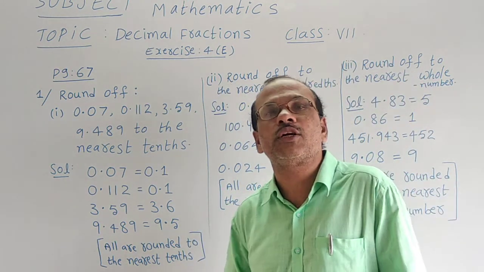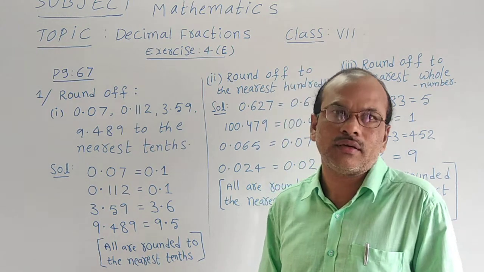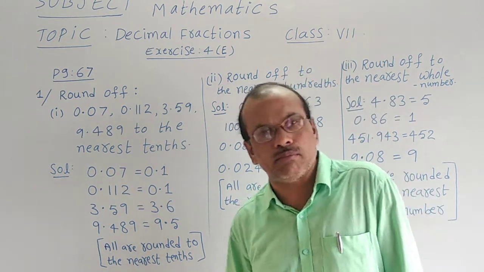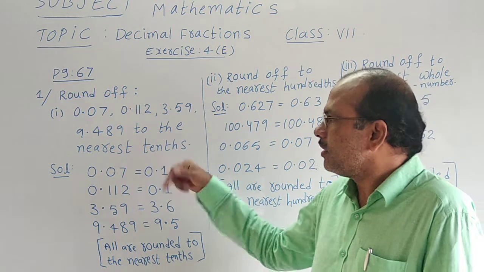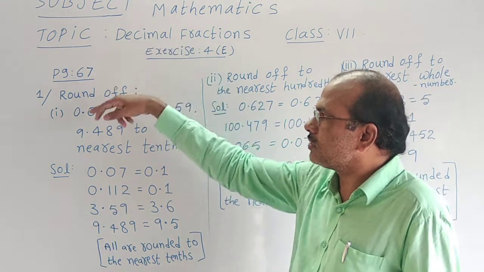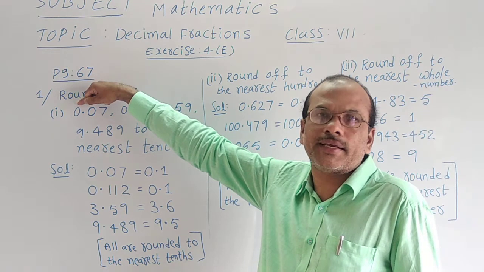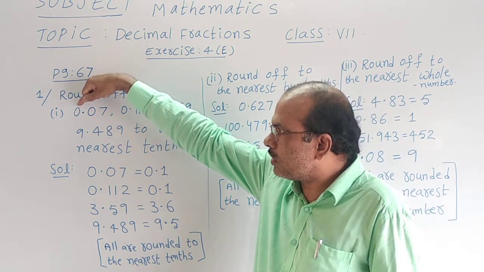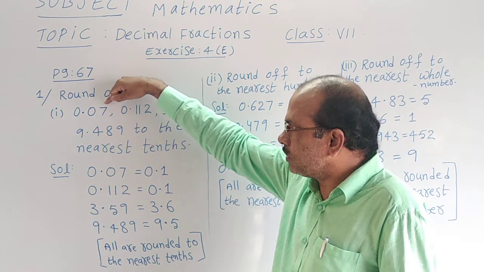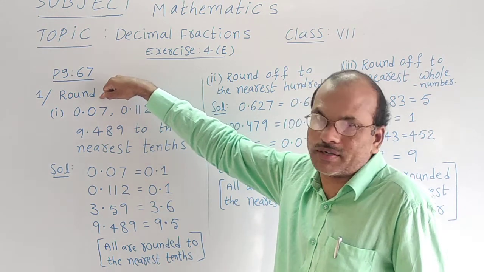We should round it to the nearest tenths for the given decimal number or decimal fractions. Now here this is the whole number part, not the decimal part. These two digits, 0 and 7, are in the decimal part.